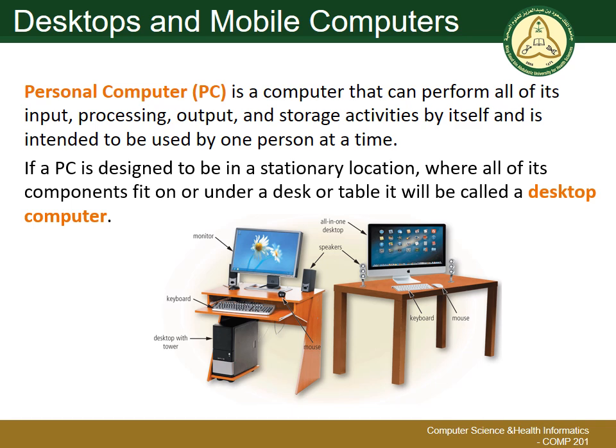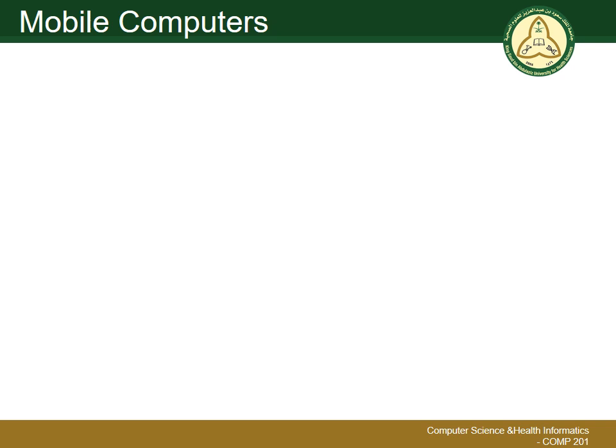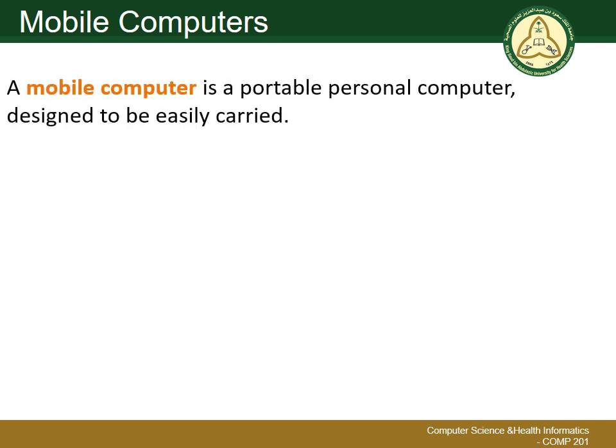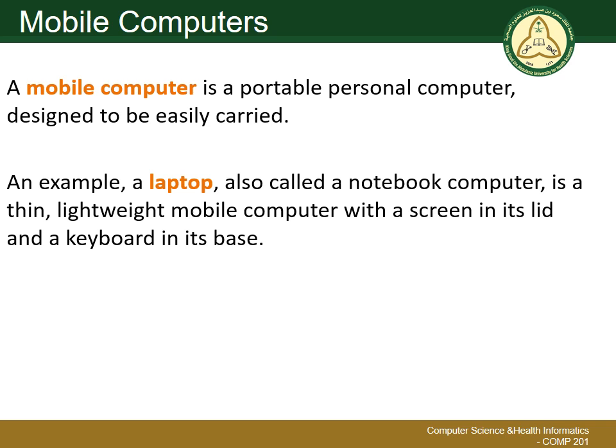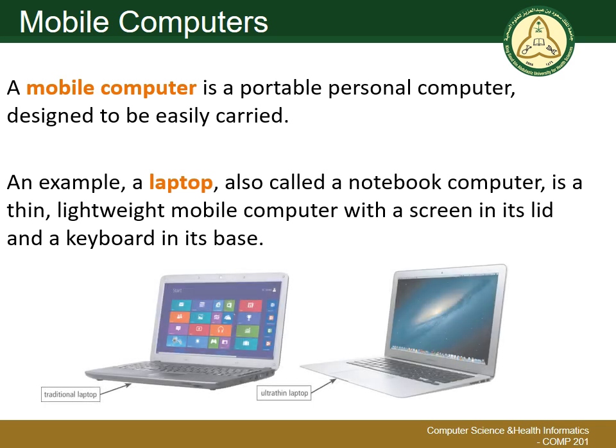Now we will move to talk about the mobile computer and how it is different from a personal computer. When we look at the mobile computer, it's basically the same as a personal computer except it is portable. Why?